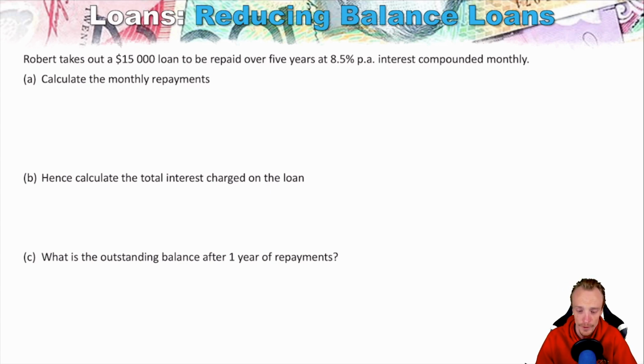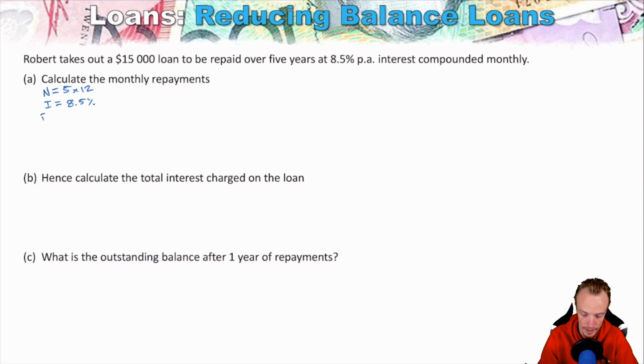So the first thing that we're doing here is going into our graphics calculator, but let's first record what we're going to input. But essentially going through these. So N here is how many times it's going to compound. So it's going to be 5 years and it's compounding monthly. So 5 times 12. Interest rate here is 8.5%.